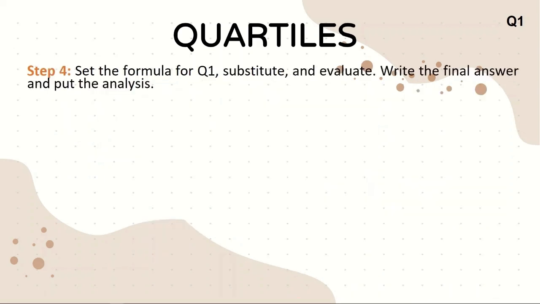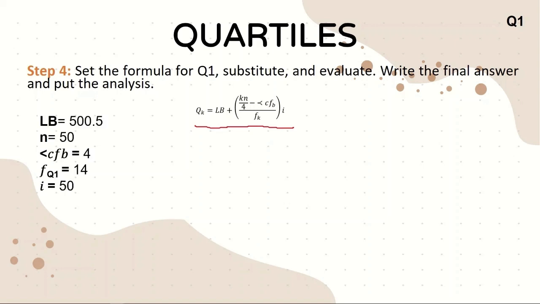Now for step 4, set the formula for quartile 1, substitute and evaluate, then write the final answer and the analysis. Here is the quartile formula. Then we substitute the given values from step 3.